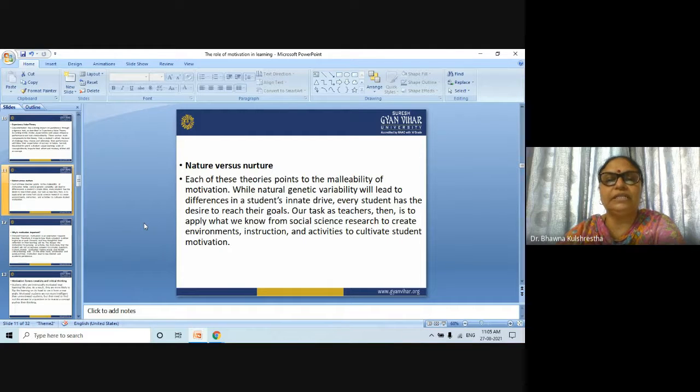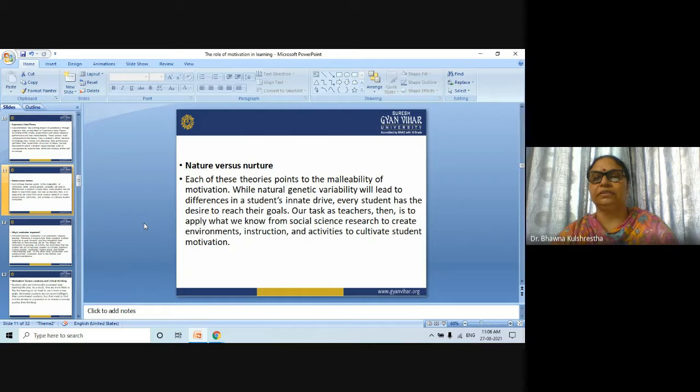Every student has the desire to reach their goal. Our task as teachers then is to apply what we know from social science research to create environments, instructions, and activities to cultivate student motivation.